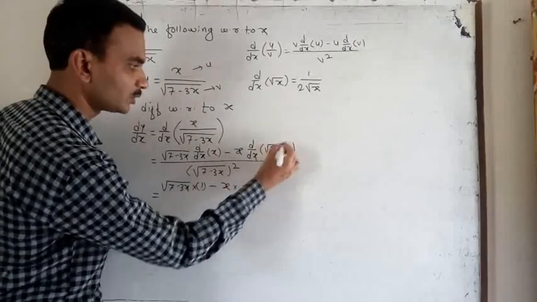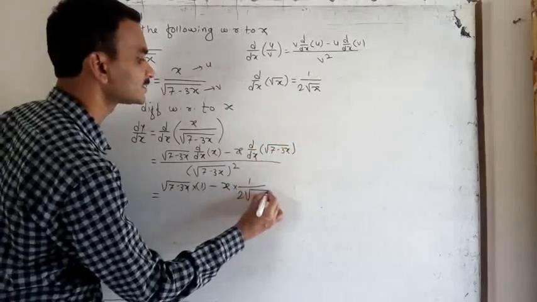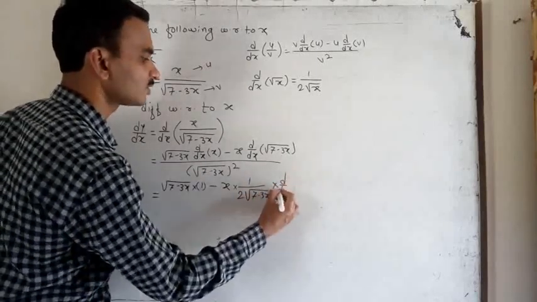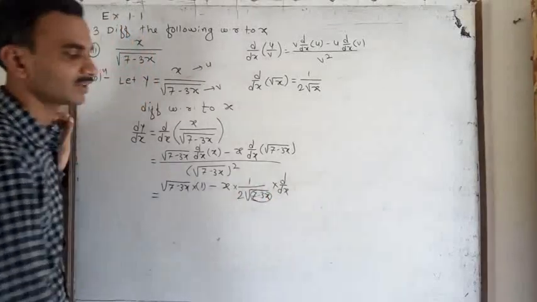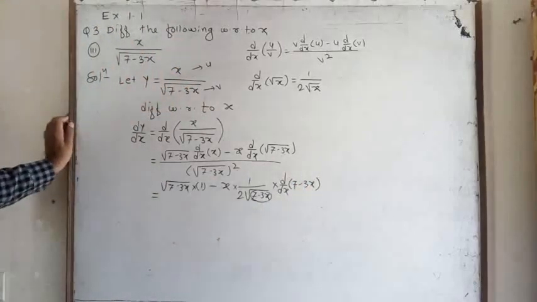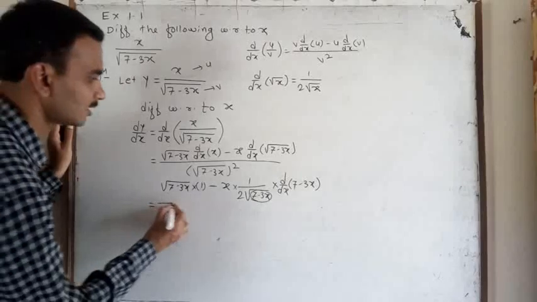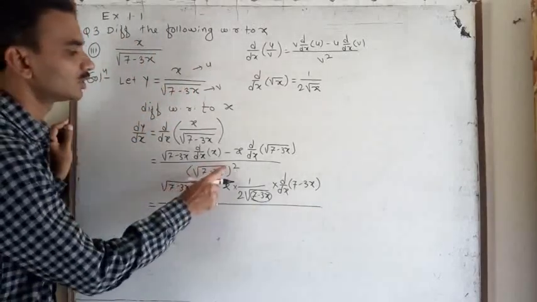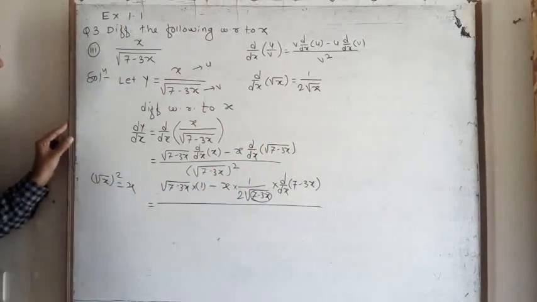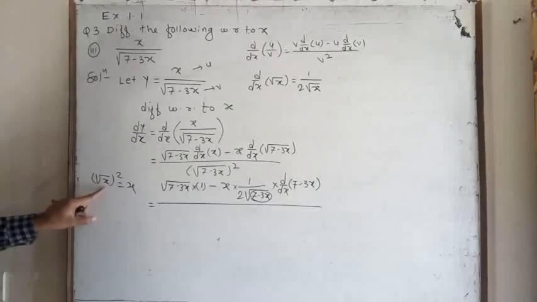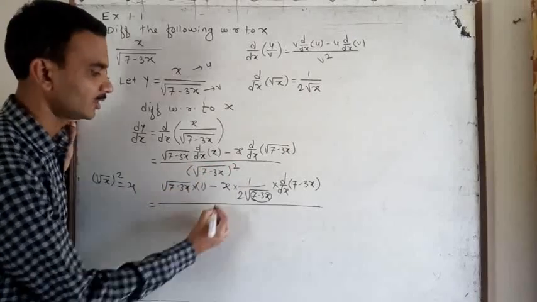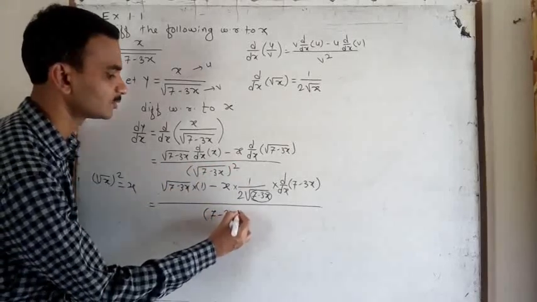So derivative of under root x means 1 upon 2 root x, where x means 7 minus 3x, into d/dx of 7 minus 3x, upon under root square, that is under root x bracket square equals x. So here under root x bracket square means 7 minus 3x.